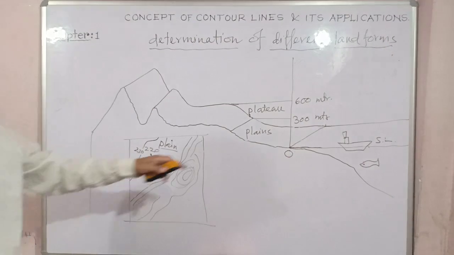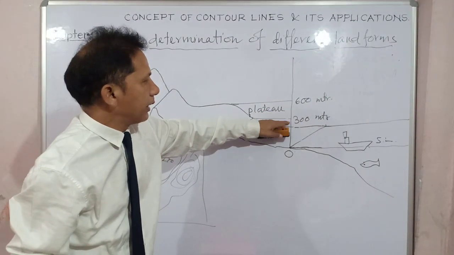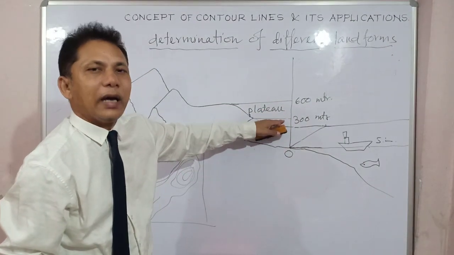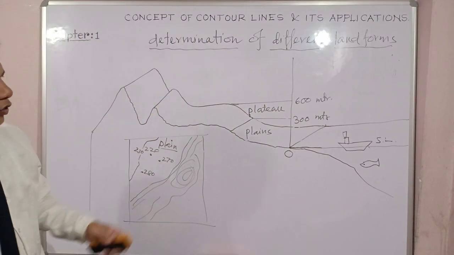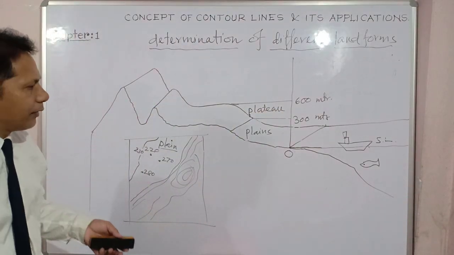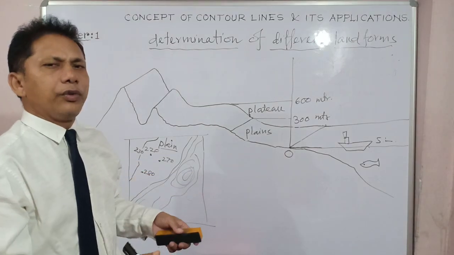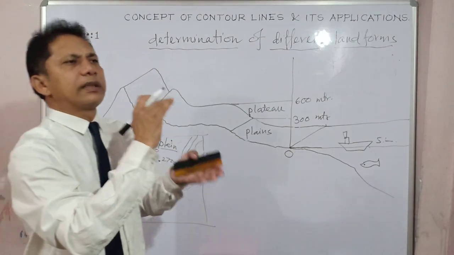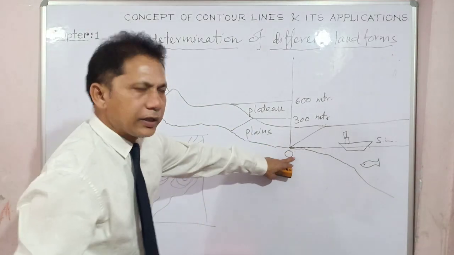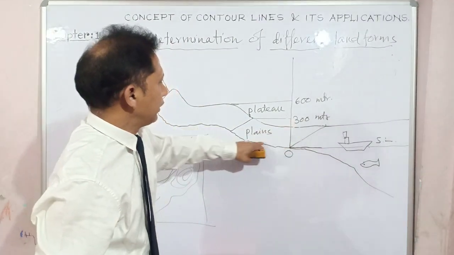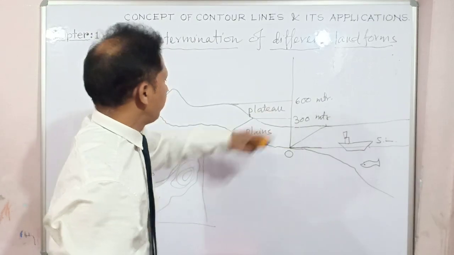This particular classification or categorization of different landforms and its average height is set by some experts of geographers. So experts in geography, to clear the confusions, which will be the certain standard height of plains, plateaus, and hills, they have categorized this way. Measured from sea level to 300 is plains, 300 to 600 is plateau.